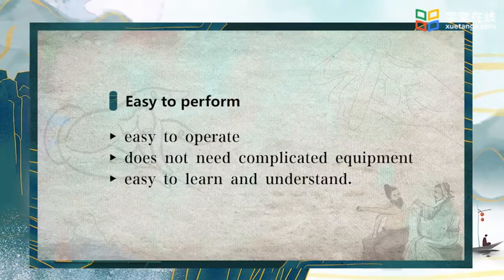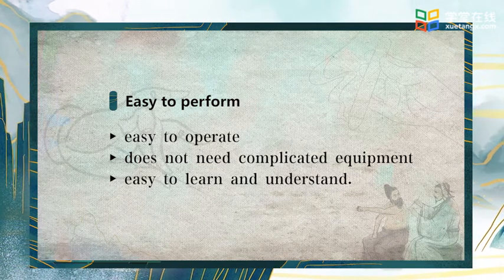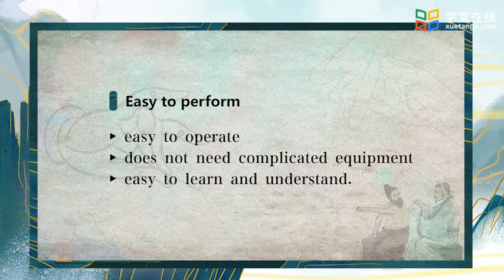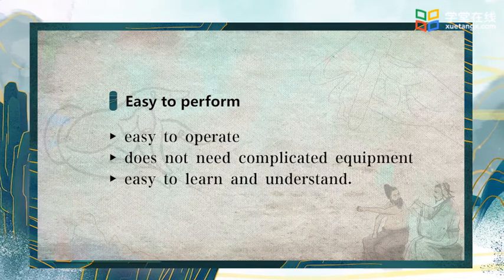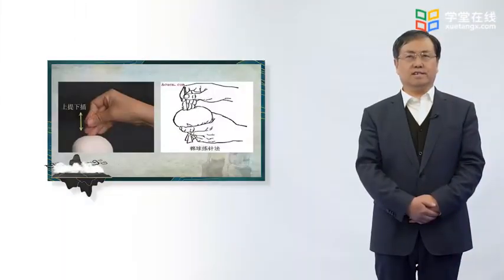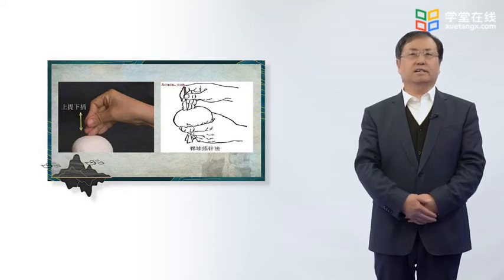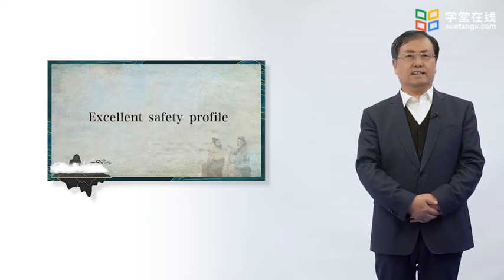Easy to perform. Acupuncture and moxibustion treatment methods are easy to operate, do not need complicated equipment, and are easy to learn and understand. For example, needling technique practice includes turning and rotating, lifting and thrusting, etc. Excellent safety profile.